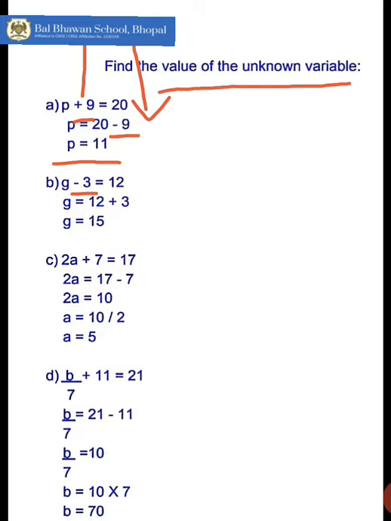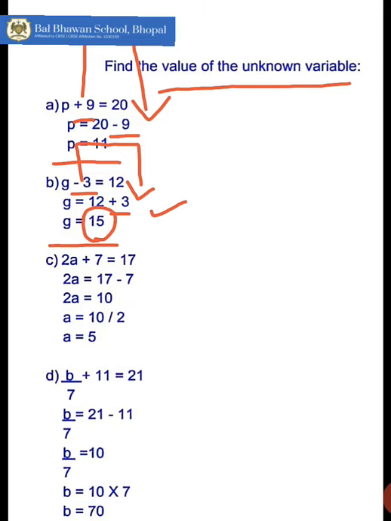Now this minus sign, when it goes to the right hand side of the equal to sign, will become plus 3. So the right hand side is 12 plus 3. 12 plus 3 is nothing but 15. So the value of the variable g is 15, children.